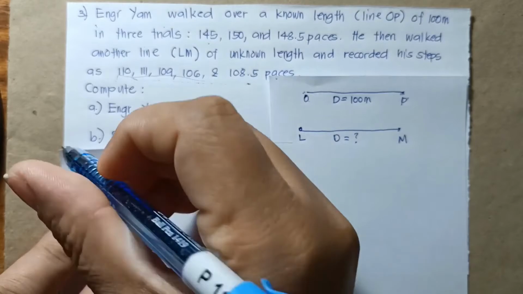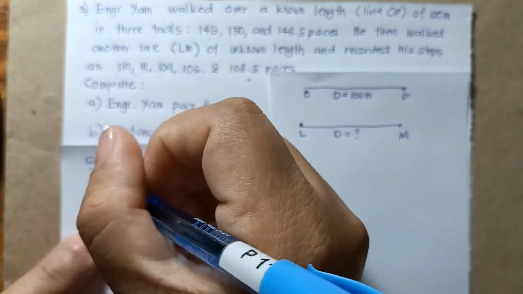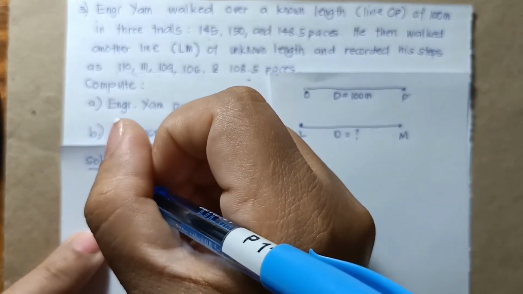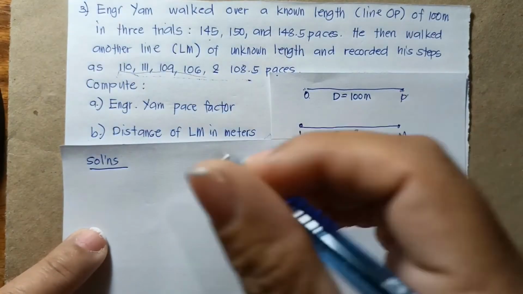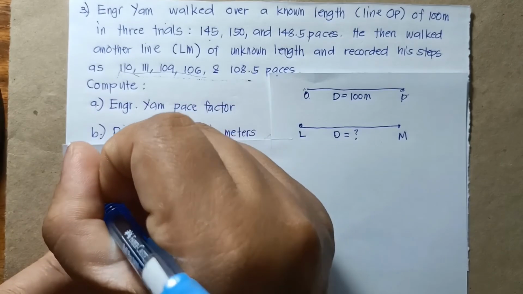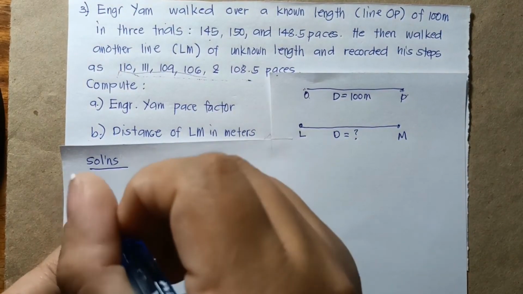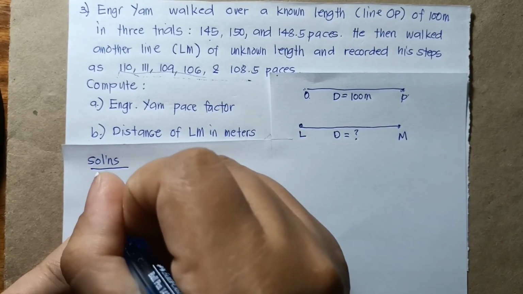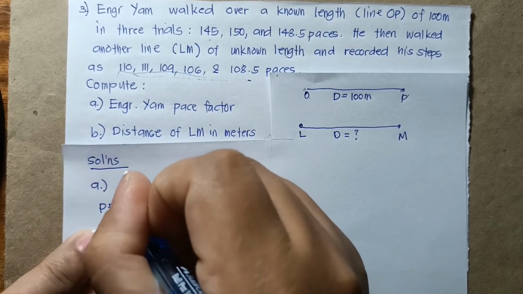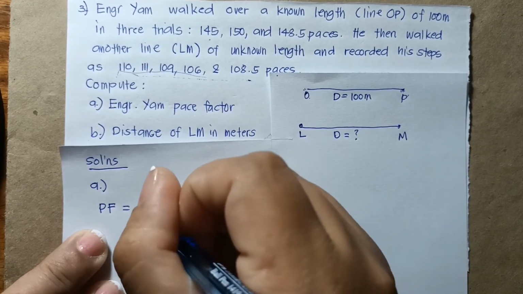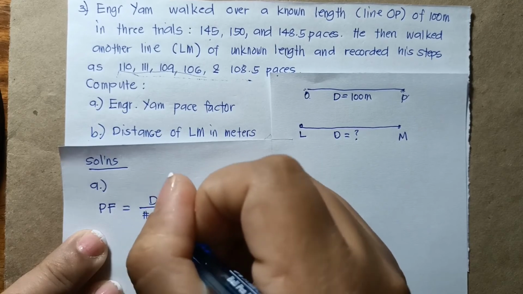Okay, so for letter A, what is the pace factor of Engineer Yam? You have pace factor is equal to D over the number of paces.